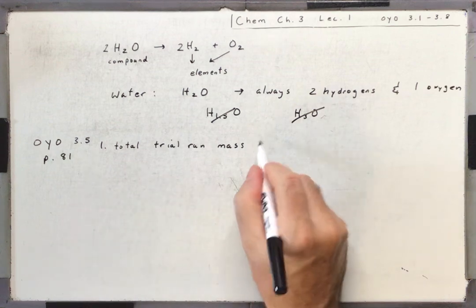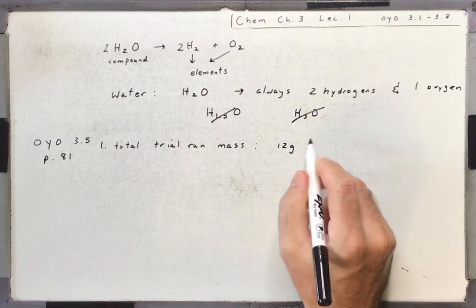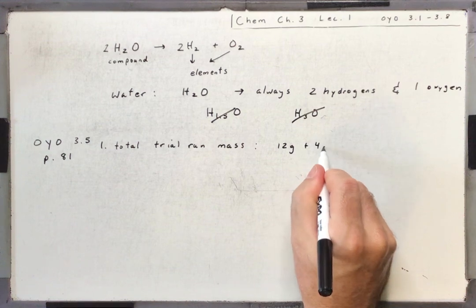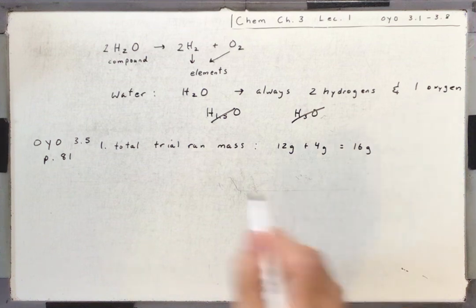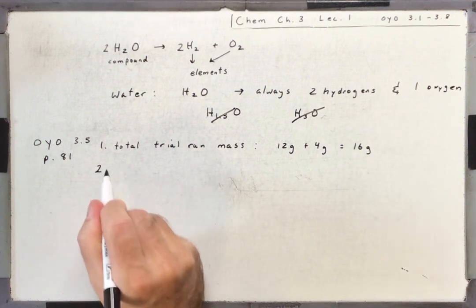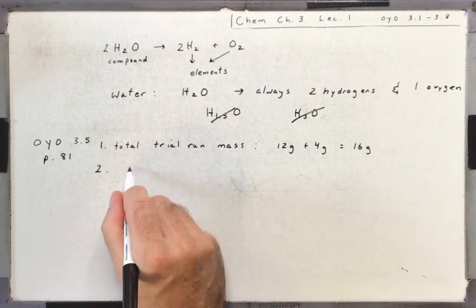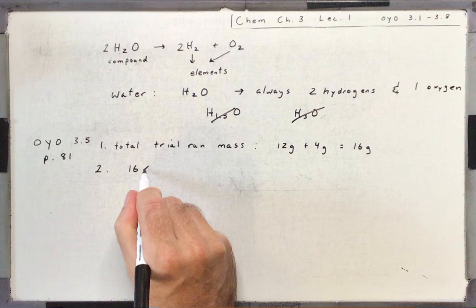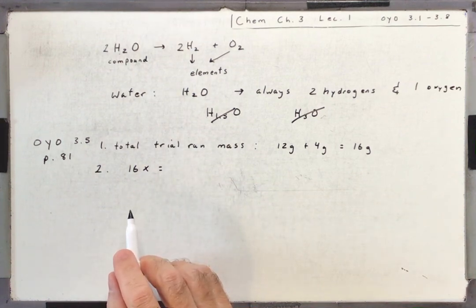Okay, that's step one. Well, it's going to be 12 grams of carbon plus 4 grams of hydrogen. So that is 16 grams. So that's step one. All right, we figured that out. Step two, we're going to have an equation. So we take that total, 16 times x, and we set it equal to the 100.